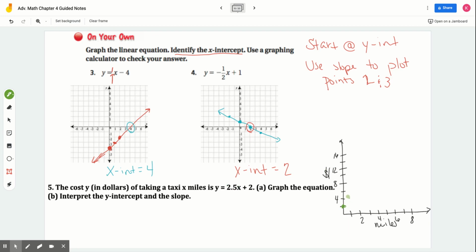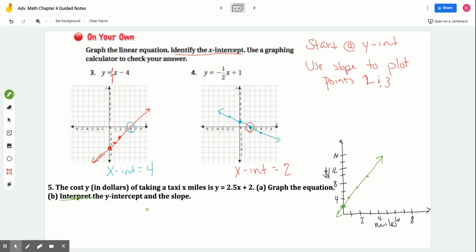Now if I go up another 2.5 and across another unit, I can keep going from here. So my line should look something like this. Now, we've graphed the equation, and it says to interpret the y-intercept and the slope.